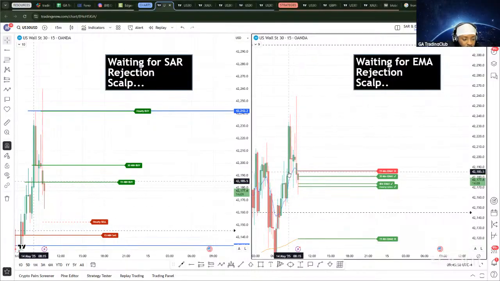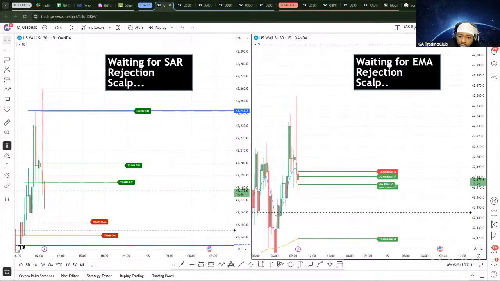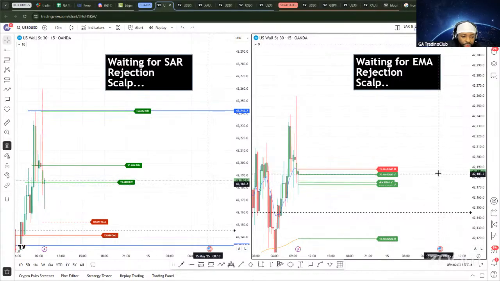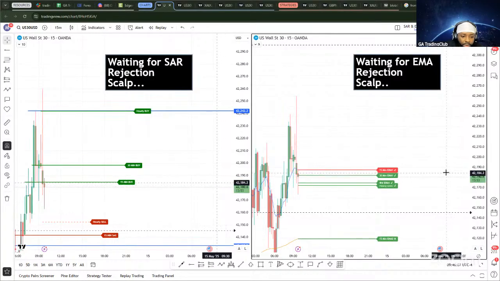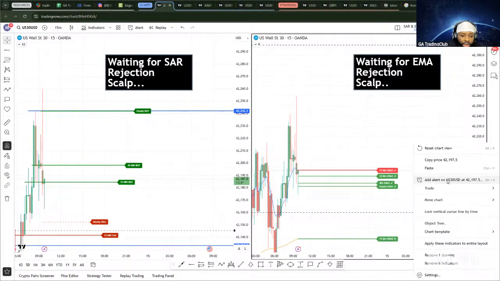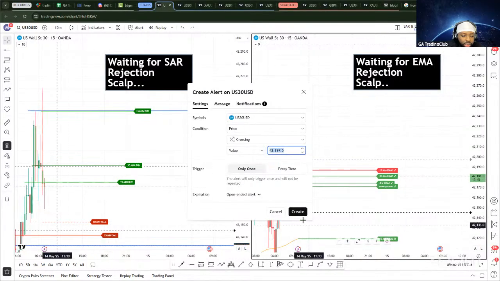What we need is 185. Let me make sure. EMA. Okay, so we just retested the 15-minute EMA. Not yet. We need to break past it. So we need 187.5, 197.5. Let me add an alert here.